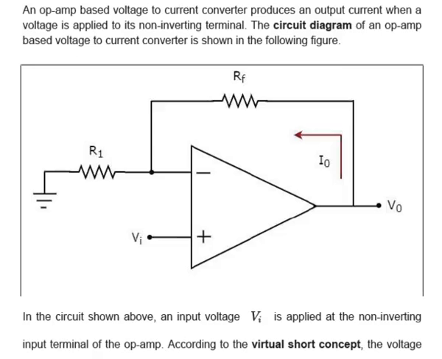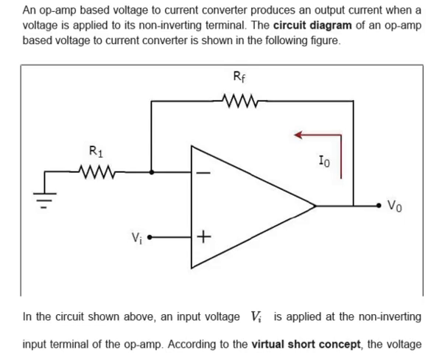Now an OPAMP based voltage to current converter produces an output current when a voltage is applied to its non-inverting terminal.